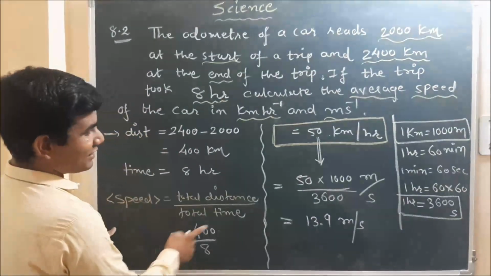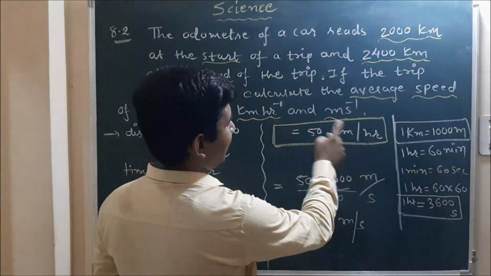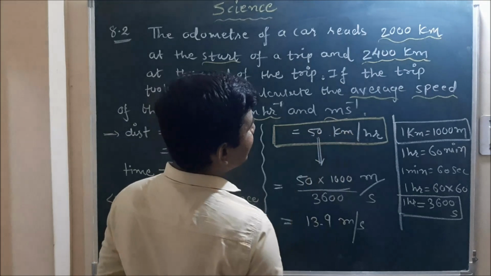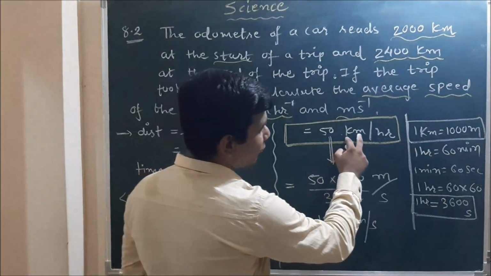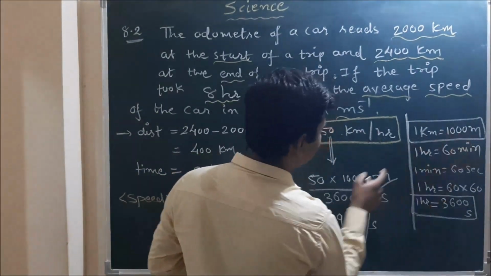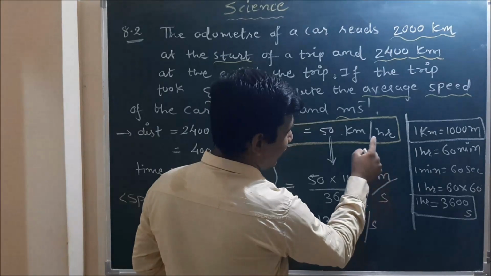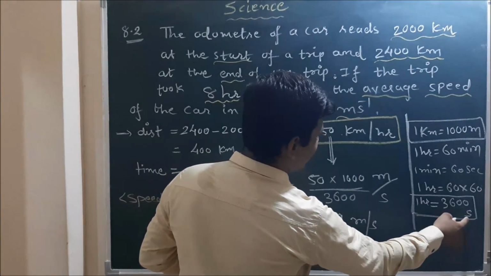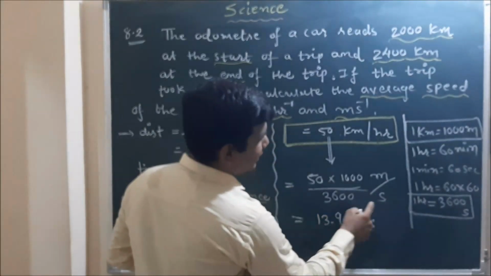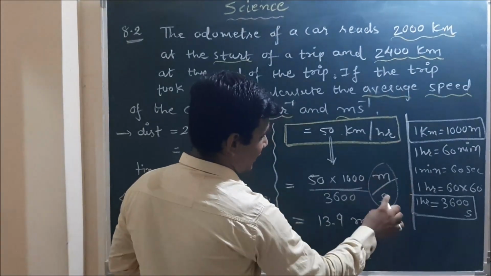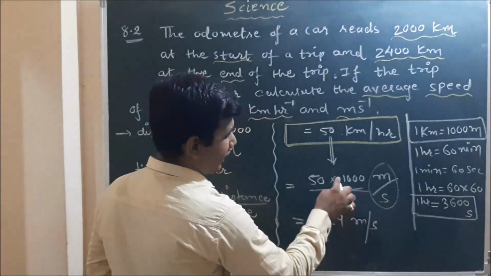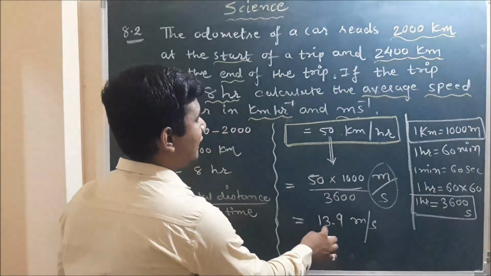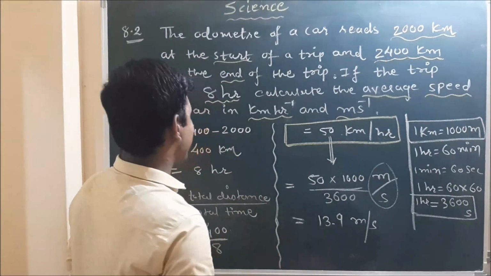Here we are getting the answer 50 kilometers per hour, but we also have to find it in meters per second. Kilometer is 1000 meters, and 1 hour is equal to 3600 seconds. So here we get the unit meters per second, and by this calculation we get 13.9 meters per second.